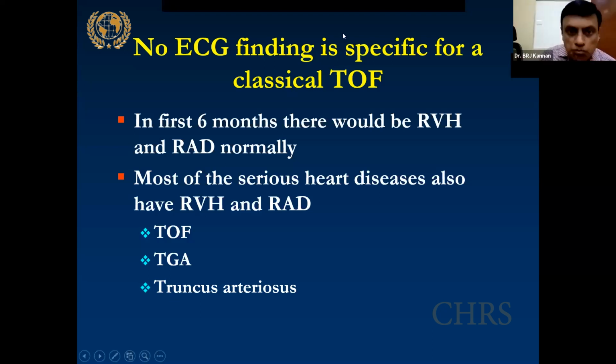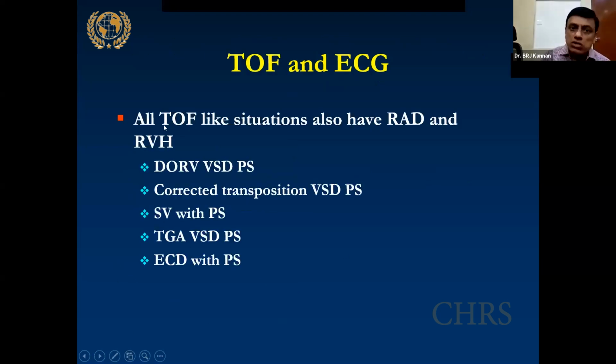In addition, most of the serious heart diseases also have right ventricular hypertrophy and right axis deviation, say transposition of great arteries and truncus arteriosus. Not only that, all TOF-like situations also have right axis deviation and right ventricular hypertrophy, like DORV VSD-PS, corrected TGA-PS, single ventricle PS, TGA-VSD-PS, ECD-PS.